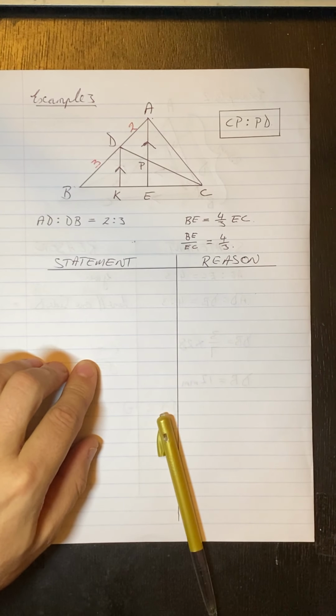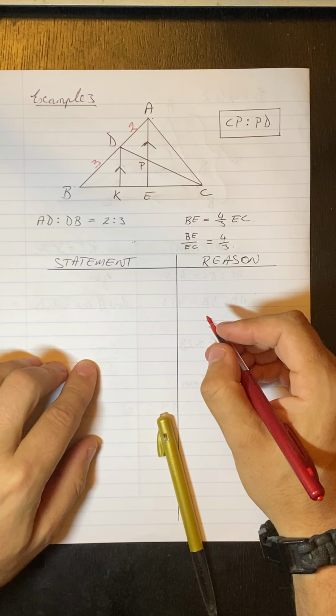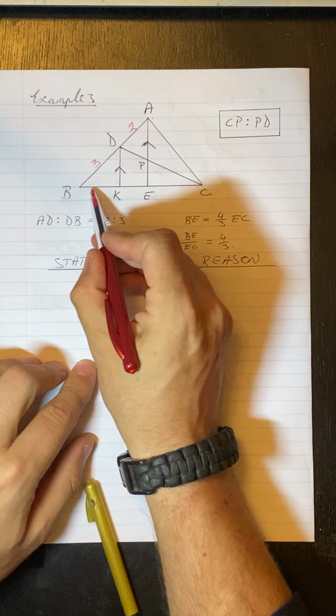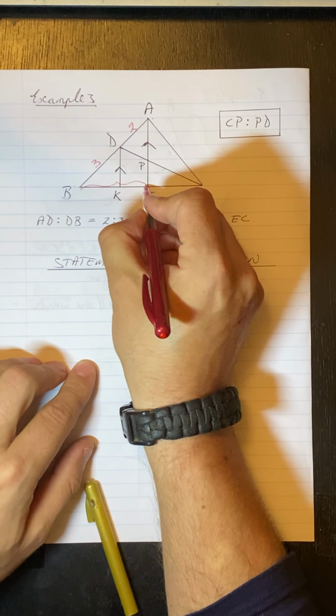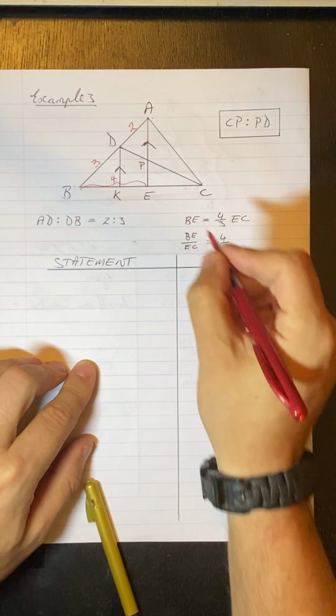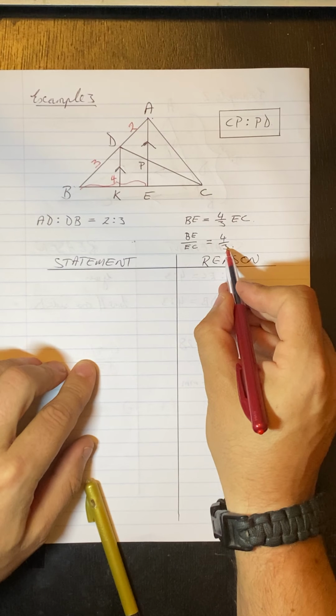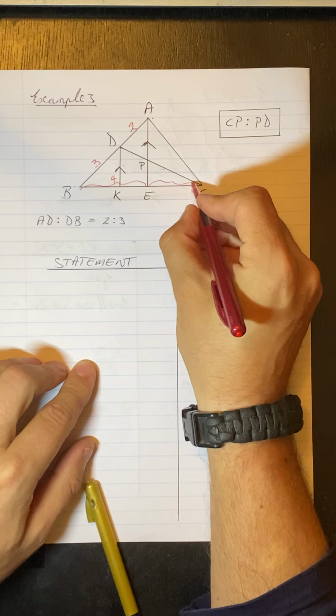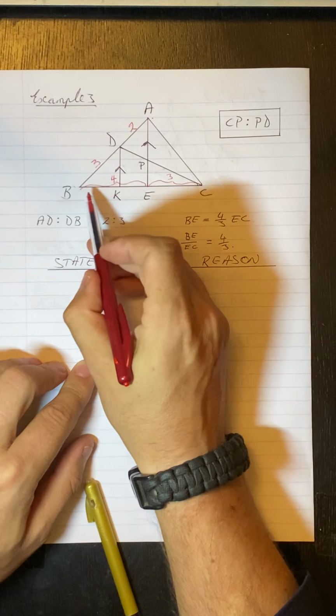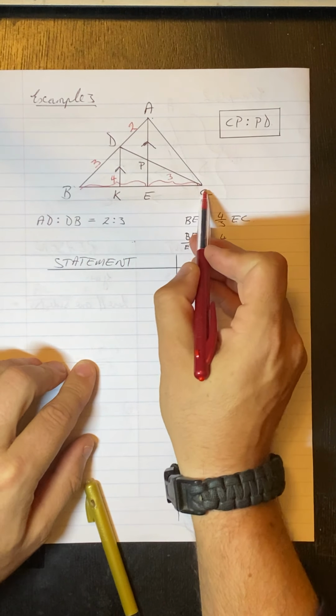Okay, so if we look for BE, BE is over here. So BE is 4 and EC is 3. So that's in the ratio 4 to 3.